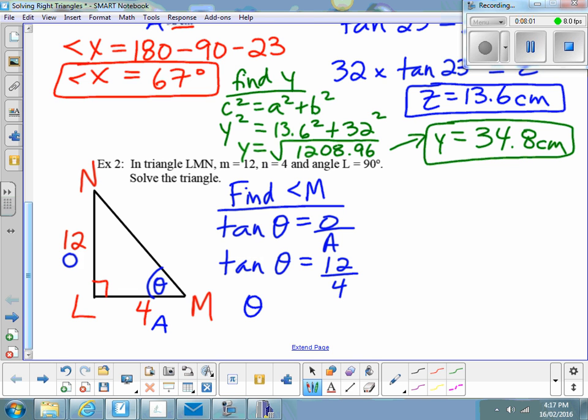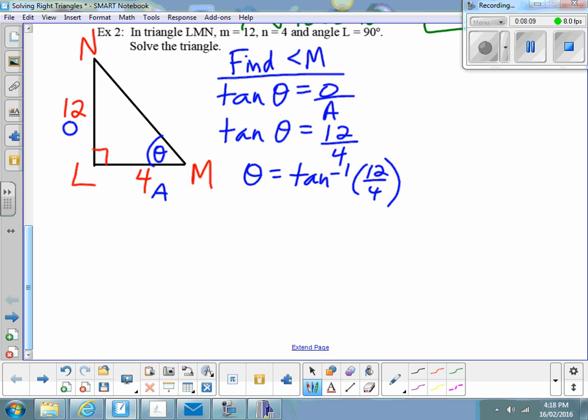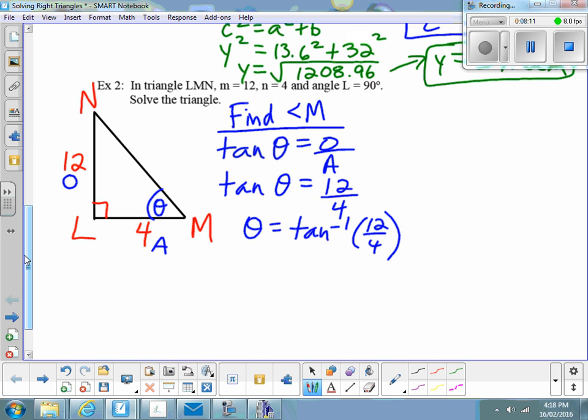So remember, when we're finding the angle, when the tan goes to the other side, it changes to tan inverse. When I do tan inverse of 12 over 4, I get 71.6 degrees.